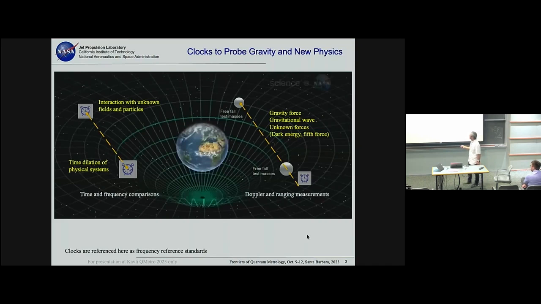The other thing is that we use the term clock pretty generously, and a clock to a horologist has really only one purpose, which is keeping time and synchronization. For the rest of all the measurements, it is really a frequency standard, not a clock.